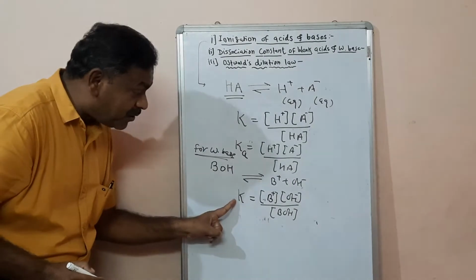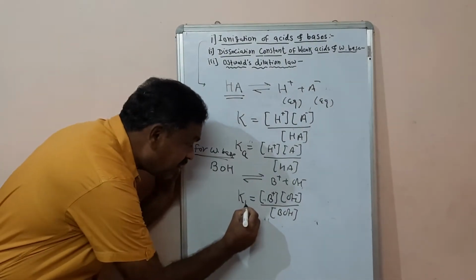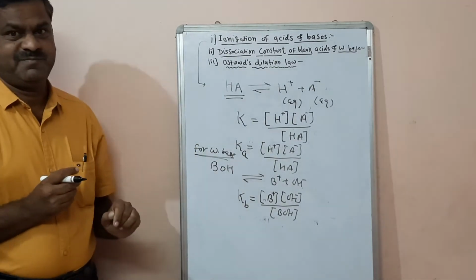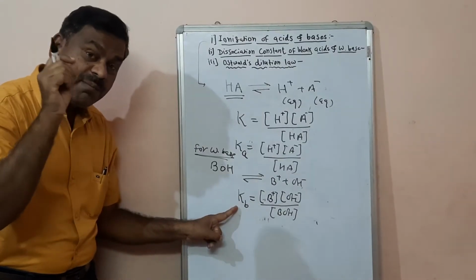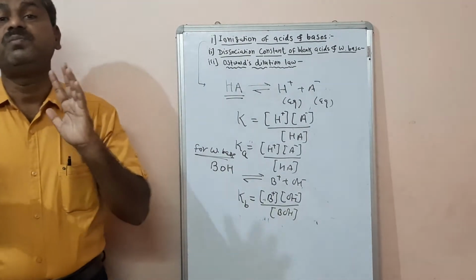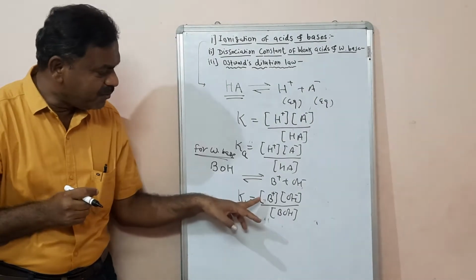Kb is the equilibrium constant for the weak base, where the square brackets indicate molar concentration.